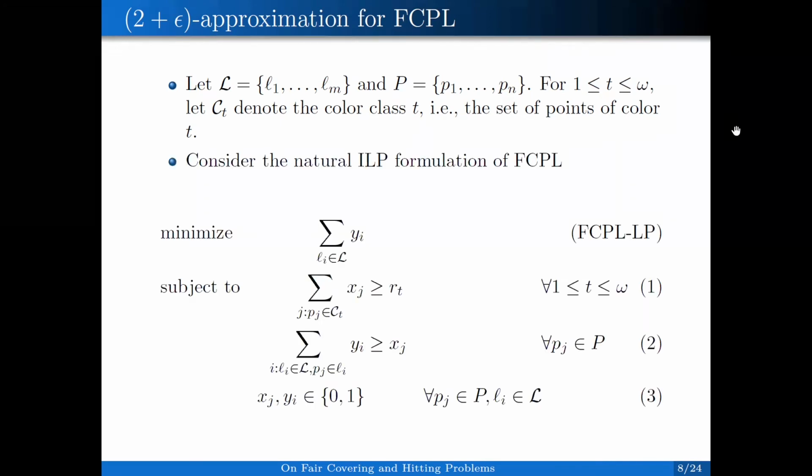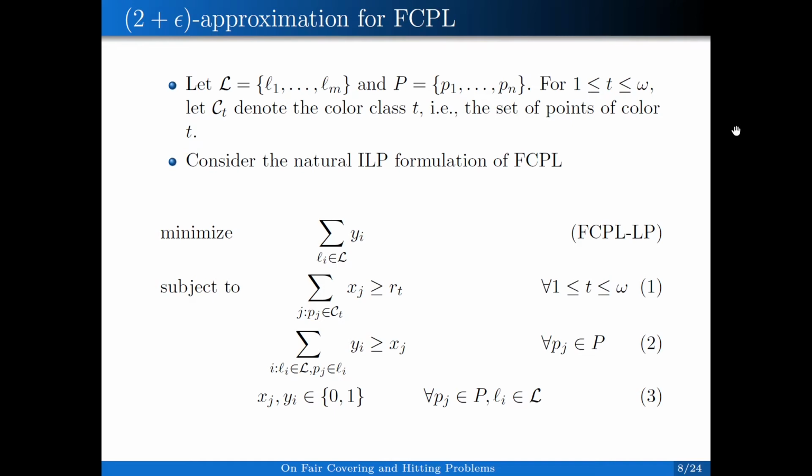And we consider the natural ILP formulation of this problem, where for each line Li, we have a variable Yi. For each point Pj, we have a variable Xj. And the objective function is the sum over all Yi values, which is basically the number of lines selected in the solution.